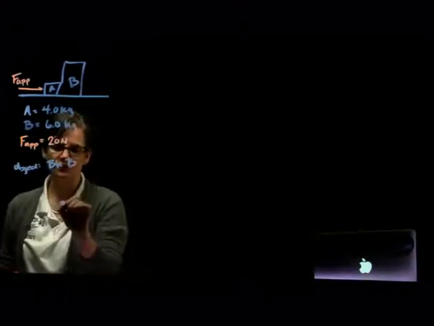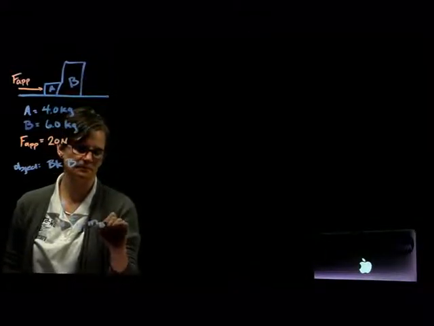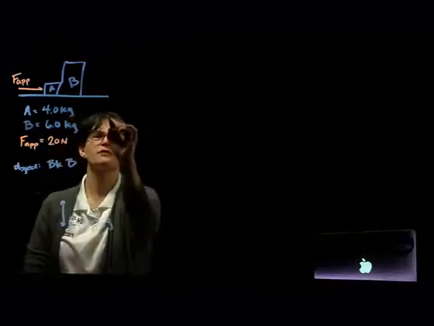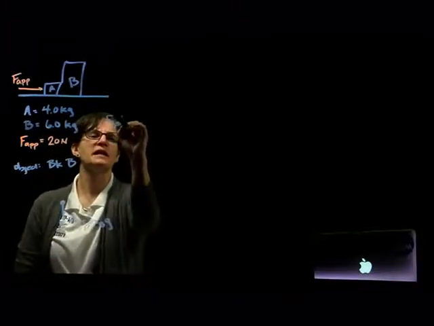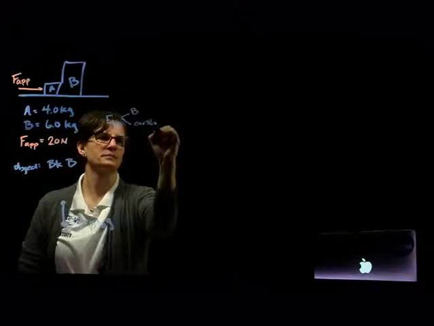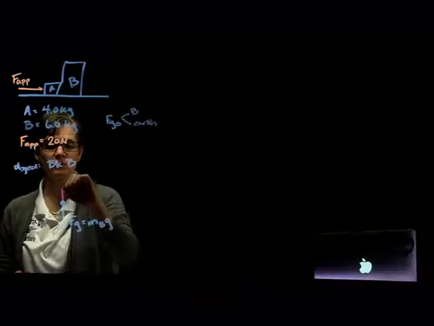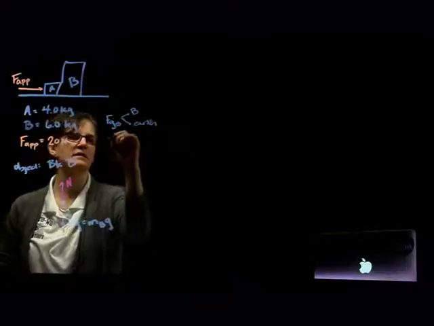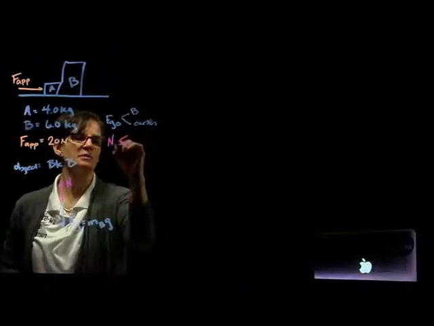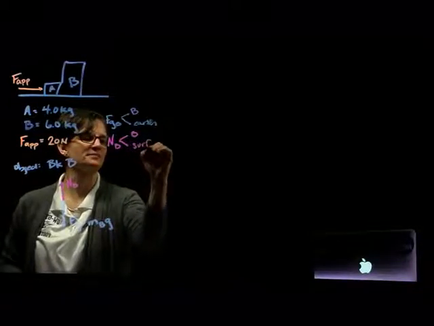Well, we know we have the force of gravity acting on block B, and the force of gravity on B is between B and the Earth. We know there's a normal force on block B, and that is between B and the surface.